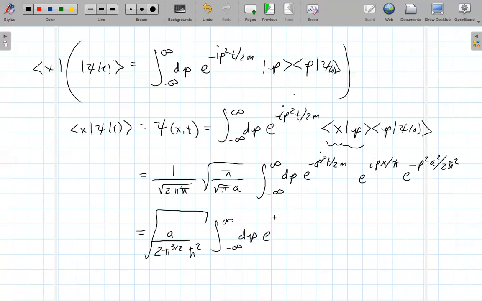And then I'm going to get an e to the minus p squared divided by 2h bar times, from this one, an i times t divided by m, because I also forgot my h bars here, and I'm forgetting a lot of terms. And then from this one, I'm going to get a plus a squared divided by h bar, because I have an h bar squared and I pulled out an h bar. Good. And then I get this term, which gives me a plus ipx divided by h bar.